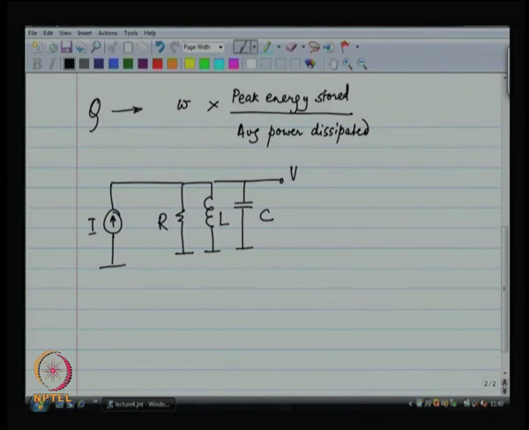Here we found the peak energy stored divided by the average power dissipated, times the frequency, was given by the following at the resonant frequency. The resonant frequency is of course 1 over square root of LC. So, this was Q.